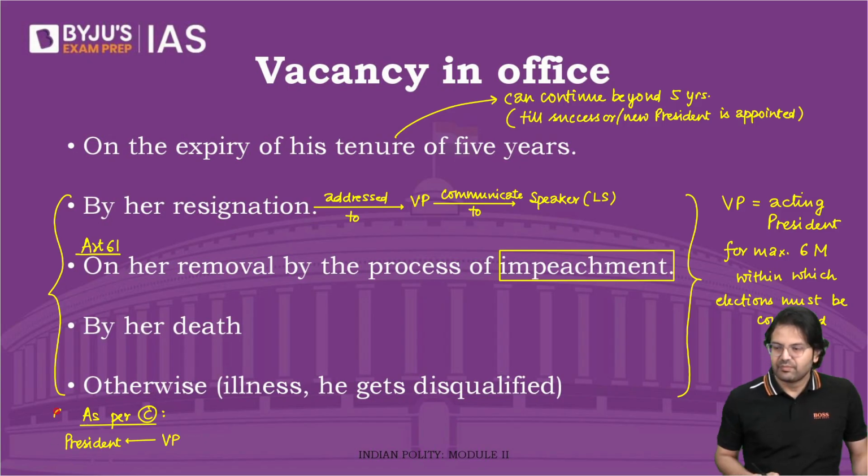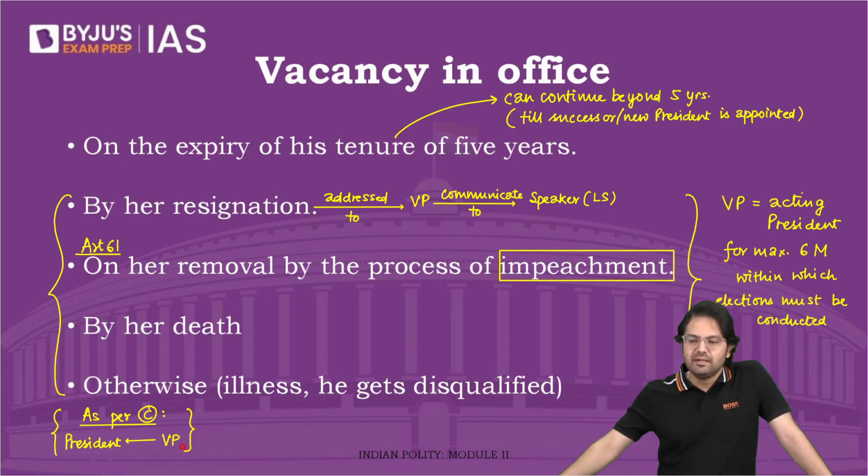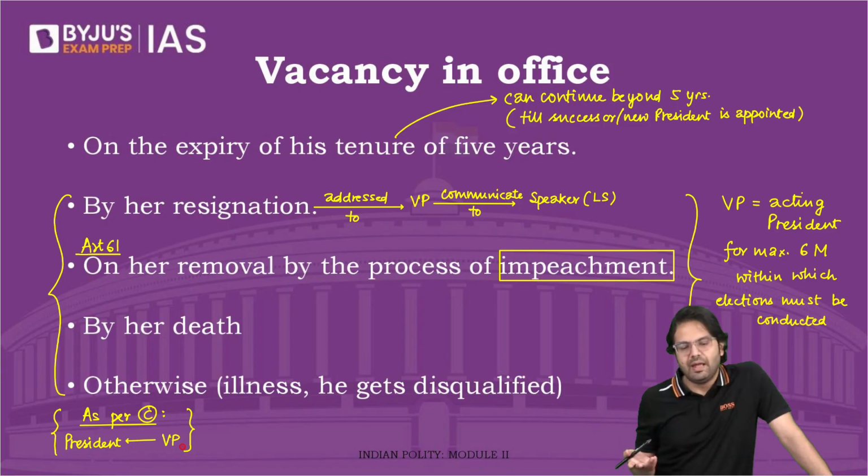Nothing. And this happened. Back in 1969, this happened. That VV Giri, he was a vice president. He became the president when Zakir Hussain passed away. And he resigned to contest elections. So we did not have a president. We did not have a vice president. And the constitution was silent.